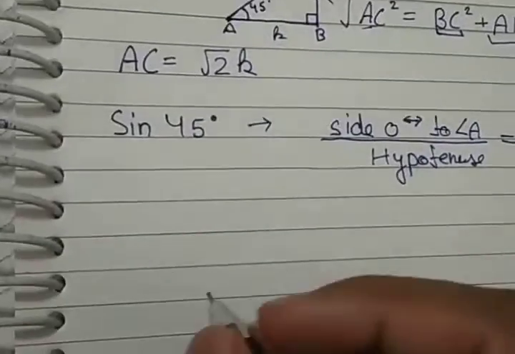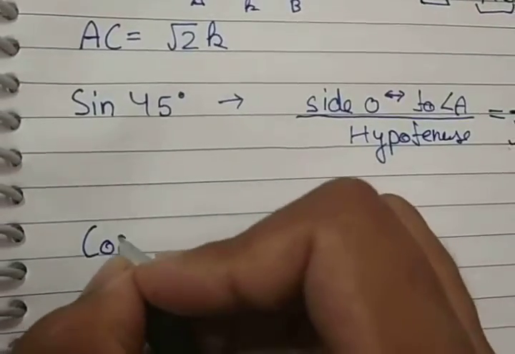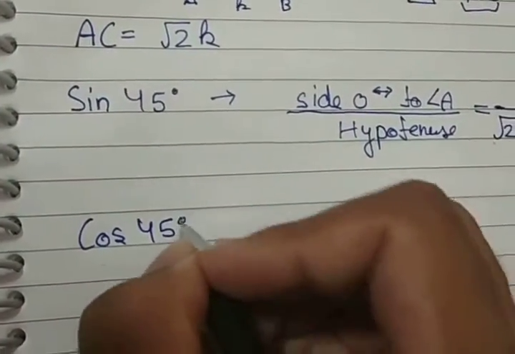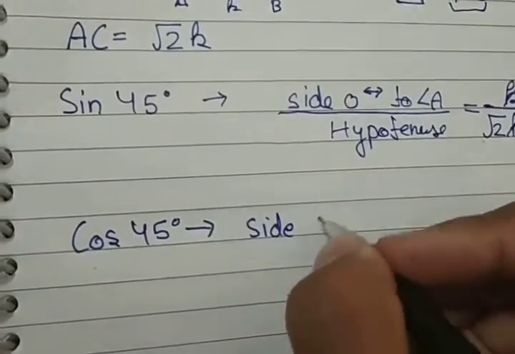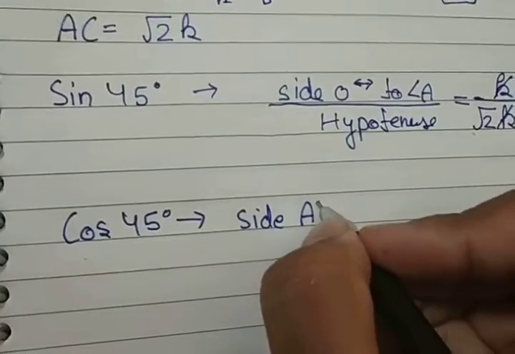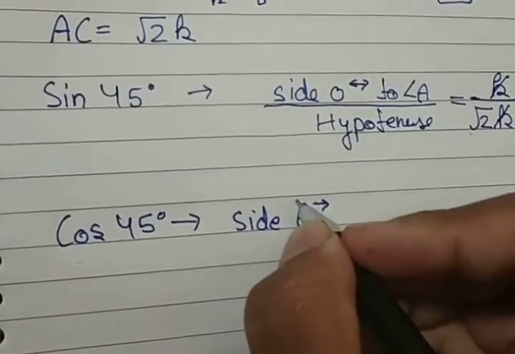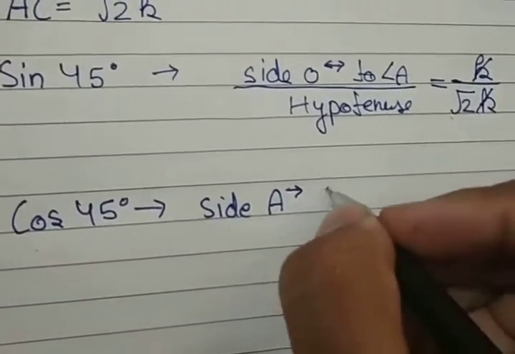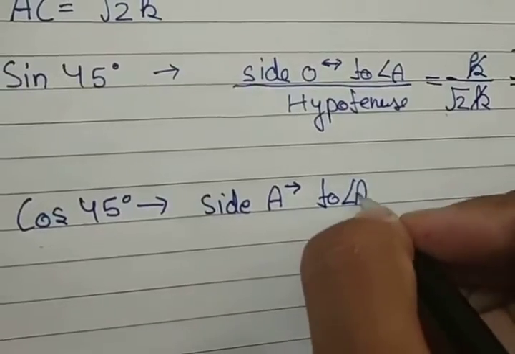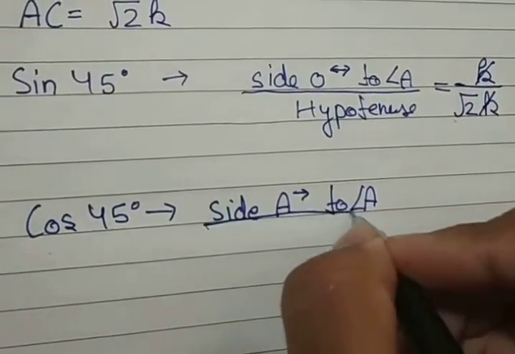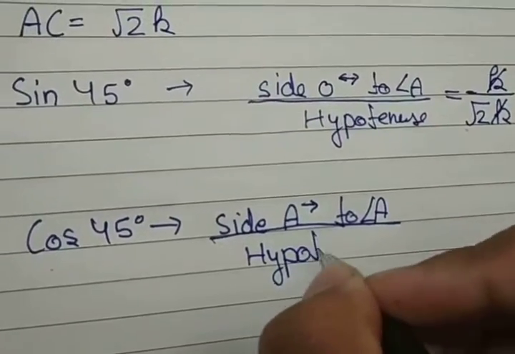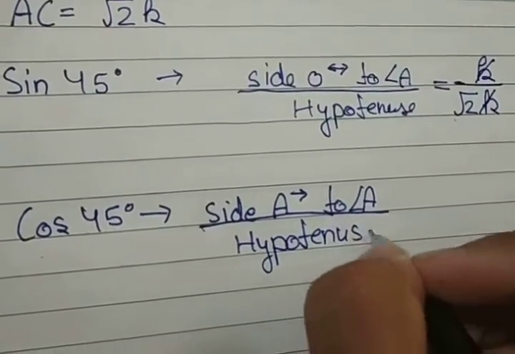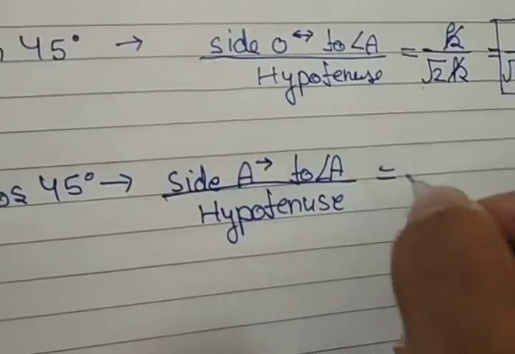In the same way we would find out the cos 45 degree. What is cos 45 degree? Side adjacent. I am using this symbol to write adjacent. Side adjacent to angle A by hypotenuse. What would it make?